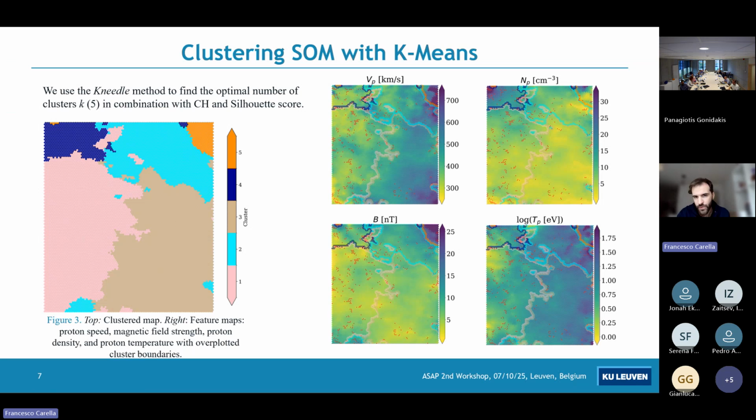You can also see that in the brown cluster, which is characterized by higher velocity, you see fewer events, and you see more events in the blue cluster.